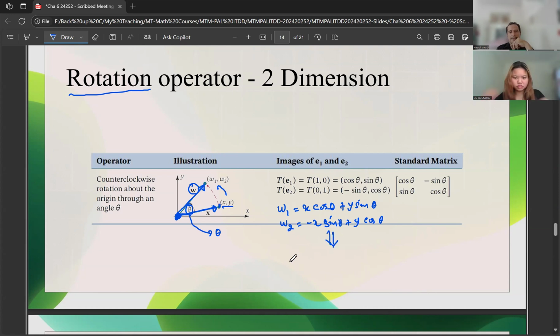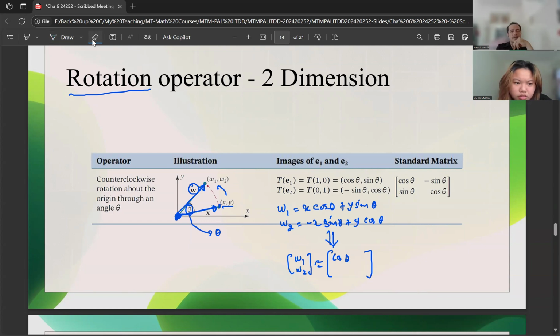Here we have that W1, W2 will be the standard matrix, which will be cos theta, sorry, I made a mistake.